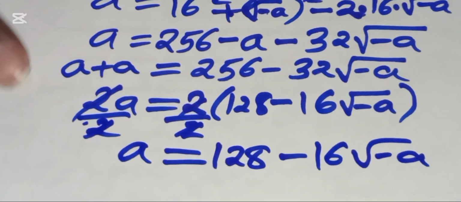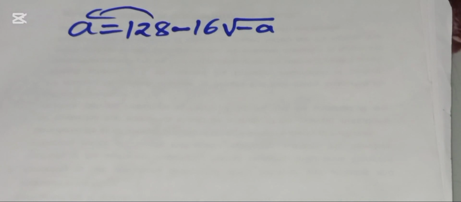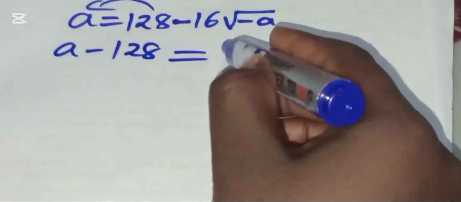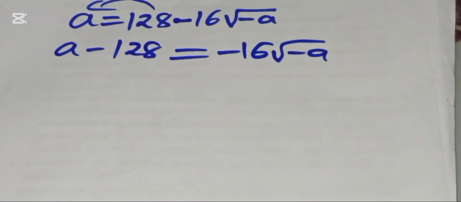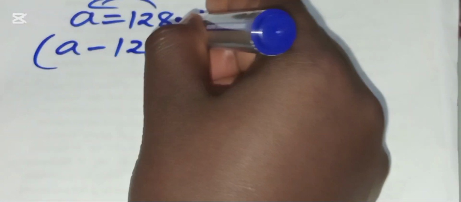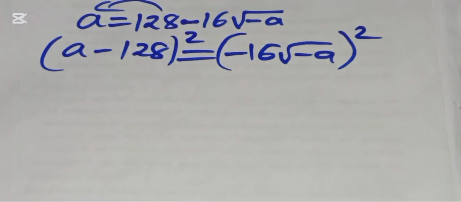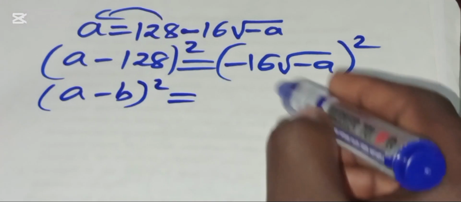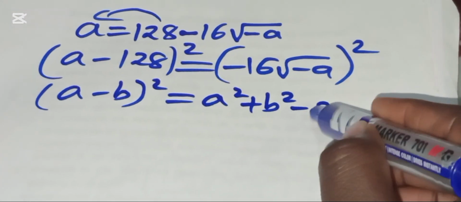Now let's take 128 to the left hand side, so that we'll have a subtract 128 is equal to negative 16 square root of negative a. Now let's square both sides, so that a minus 128 squared, which is in the form of a minus b squared, we can express as a squared plus b squared minus 2ab.